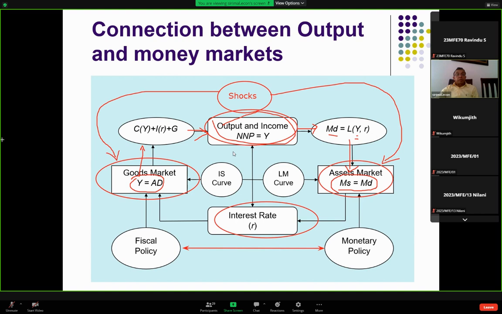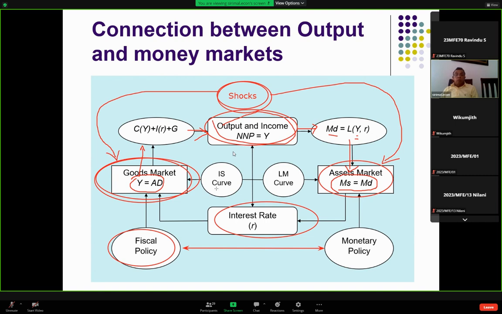If something happens in the output market, maybe due to a shock or maybe due to a policy, one of the two, it also affects all the other variables in this system.